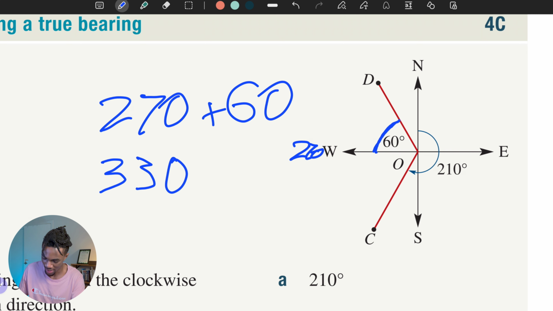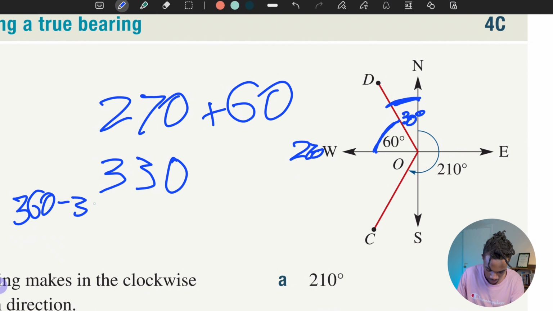Or we can recognize that this angle here is 30 degrees, because 90 minus 60 is equal to 30. Then we can do 360 minus 30, which equals 330 degrees. So whichever one is up to you.